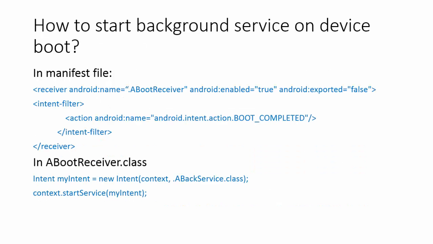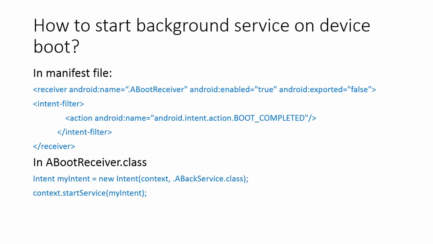And how to start a background service on device boot? Sometimes, suppose you want the application to notify the user at 12 o'clock, like an alarm or something, or you want to send data from the background server to the user application, and whenever the user's device is switched off and then restarted, you want your application service to run.